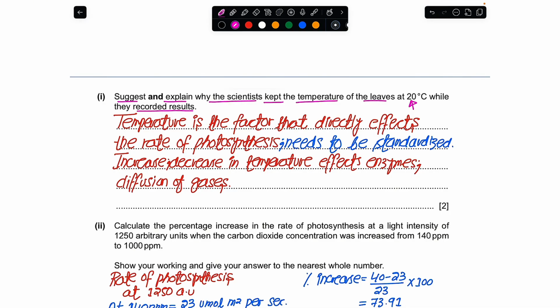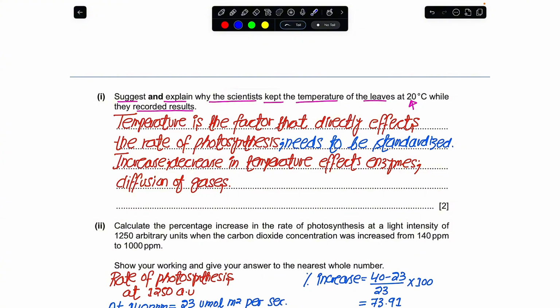And if we would allow the temperature to change, we cannot evaluate the effect of light intensity alone. The other idea is that the temperature has a direct impact on the diffusion of gases, and this can also affect the enzymes that contribute in the photosynthetic process. So that is why the temperature has to be kept constant.